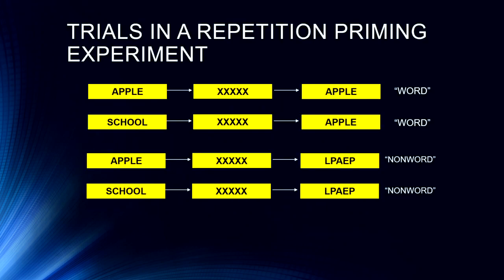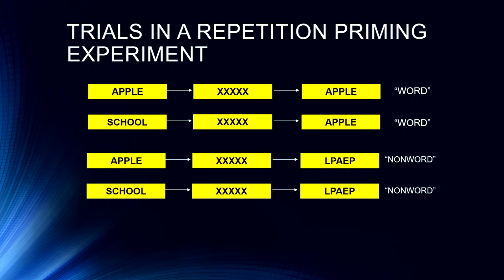So this would be a repetition priming experiment. The subject's task would be to indicate whether the probe on the far right was a word or a non-word. Apple would be presented with a backward pattern mask, and then Apple would be presented again, and the participant would indicate word or non-word, usually by a key press.